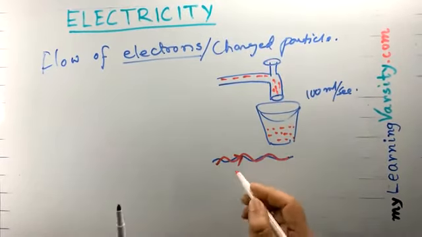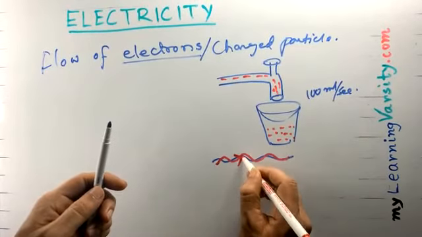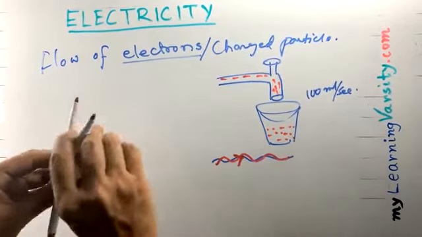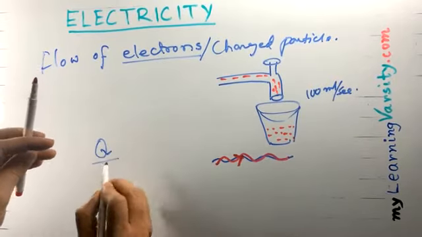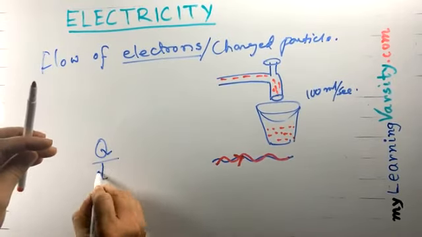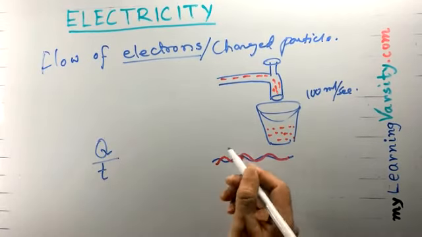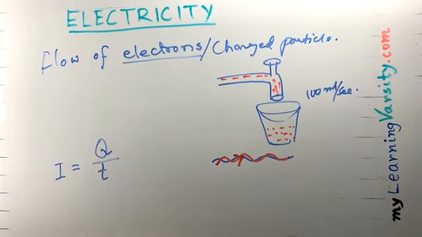So the flow rate of the charge or electron: charge is Q, and per second it is flowing. That is called the flow rate of a charge, and that we say is a current.